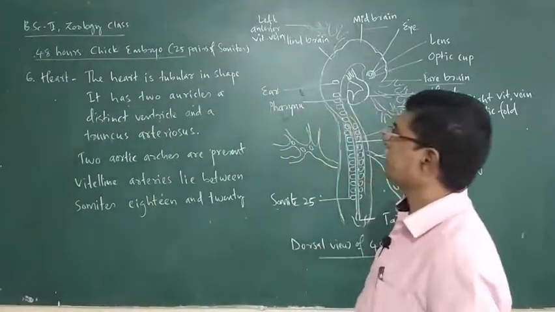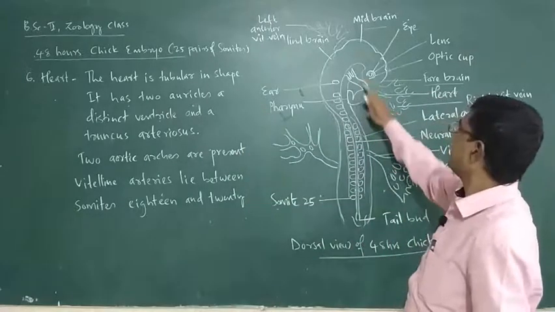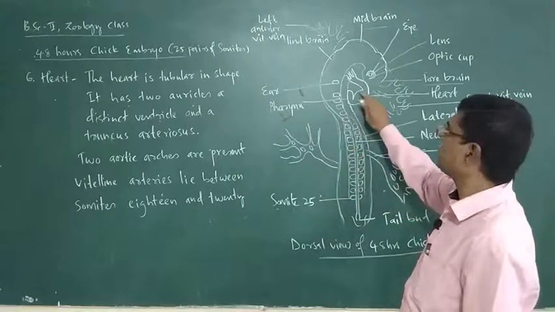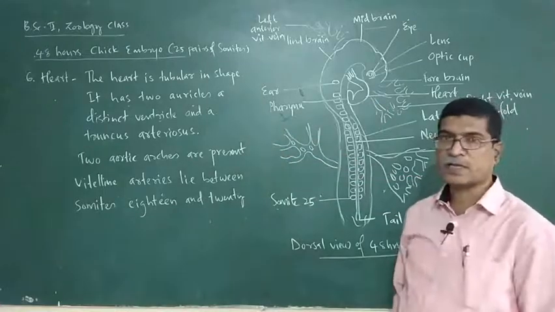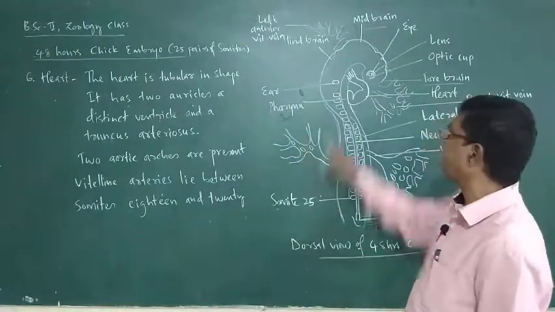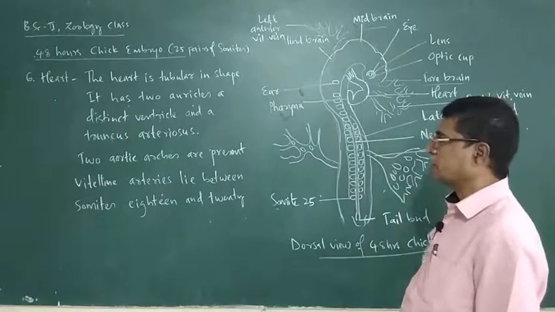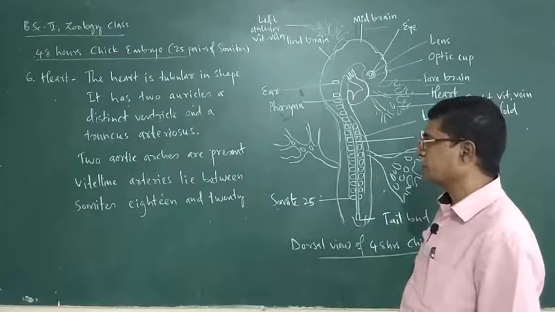Heart. The heart is tubular in shape. It has two auricles and a distinct ventricle. Truncus arteriosus is also there. Two aortic arches are present.